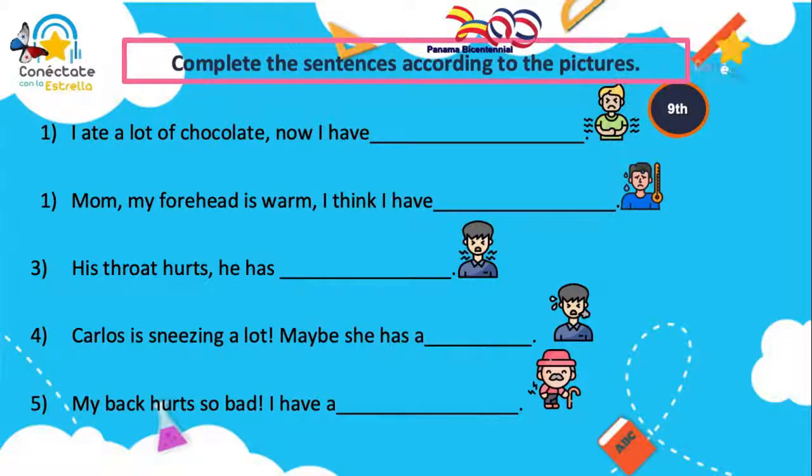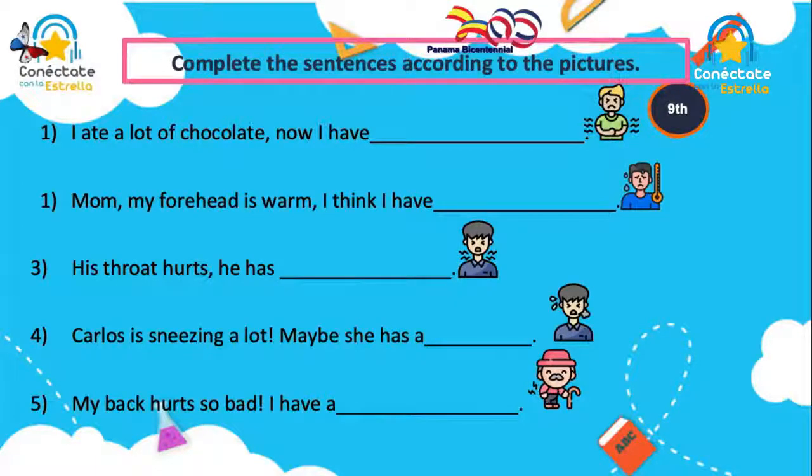That's me, teacher Reynaldo. Now I have... and the picture shows a boy, well, it's not teacher Reynaldo, but a boy touching his stomach. So what kind of illness? Stomachache.